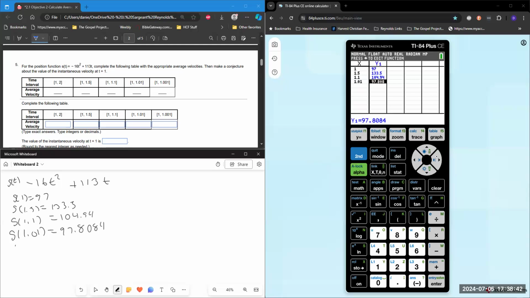And S of 1.001 we have 97.080984. So what we're going to do now is we're going to subtract and divide here.